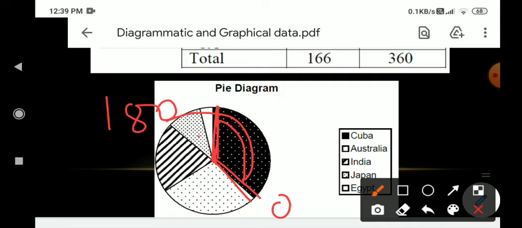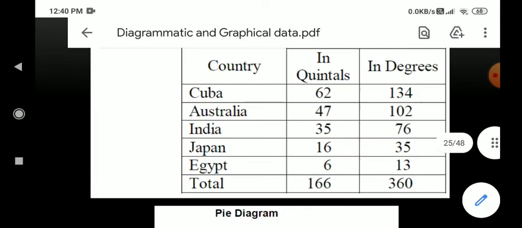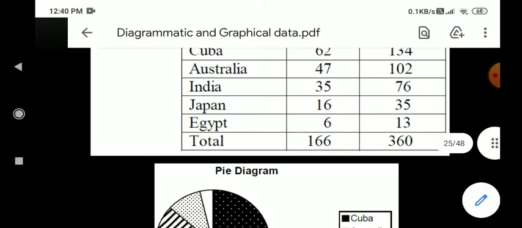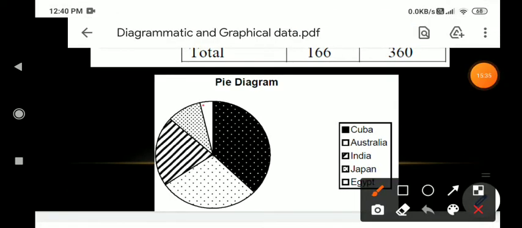Then the next step, for the next country you need to draw the second angle. The next is 102, that is Australia. So after Cuba we are going for Australia. The circle is there, the first one is there, and then you draw 102. Then the next one is this, and the next one is this.